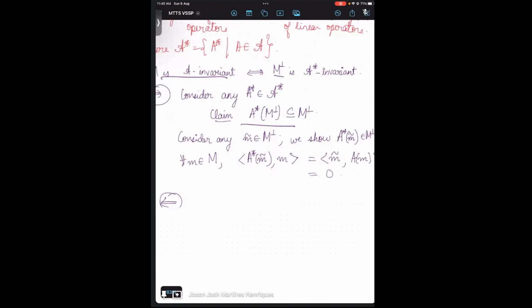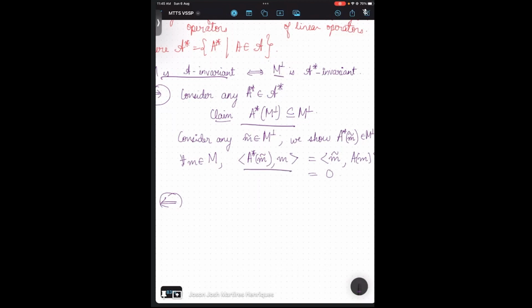So you just start with any member of M perp that's going to look like M tilde. We want to show that A star of M tilde again lands up inside M perp. To show that something is in M perp, we need to show that its inner product with any member of the subspace M that I'm considering is going to be 0. Again, so we check that.